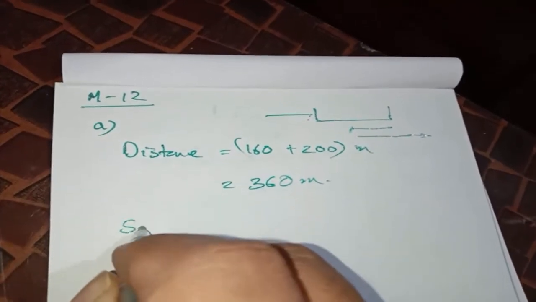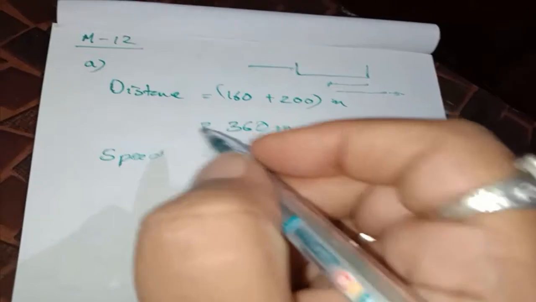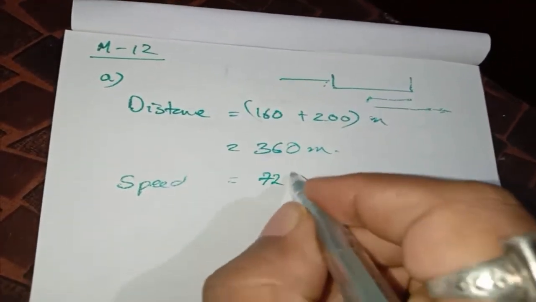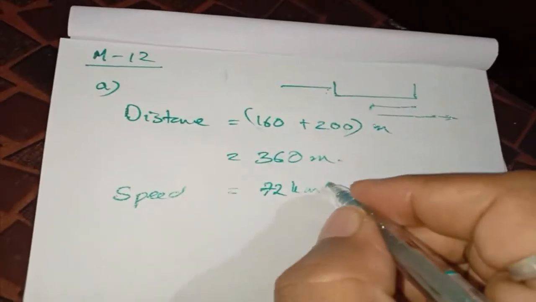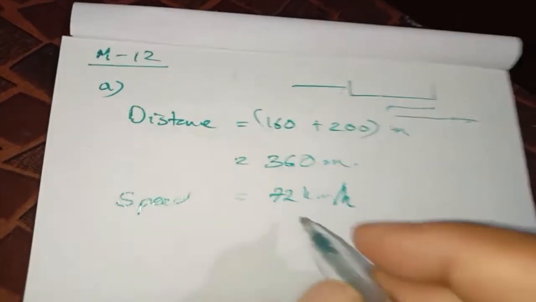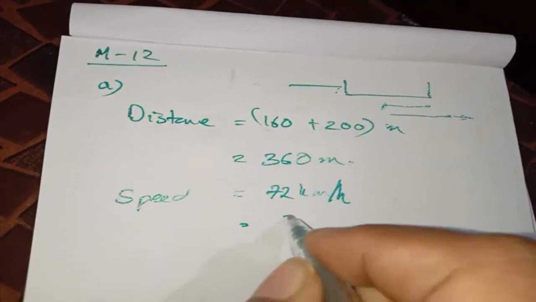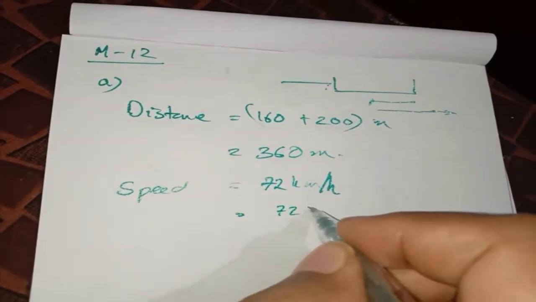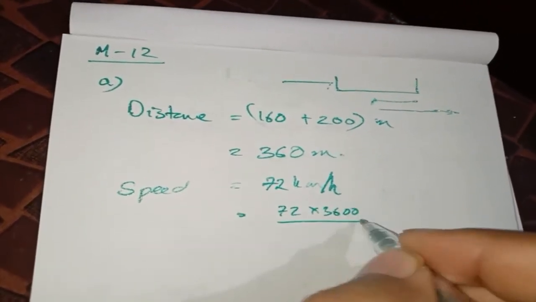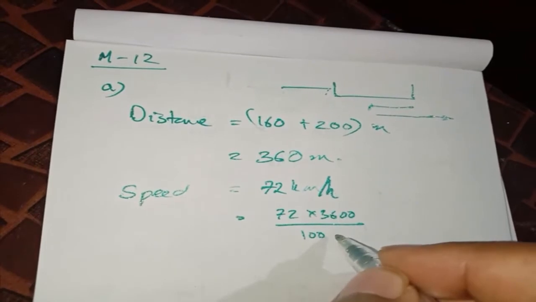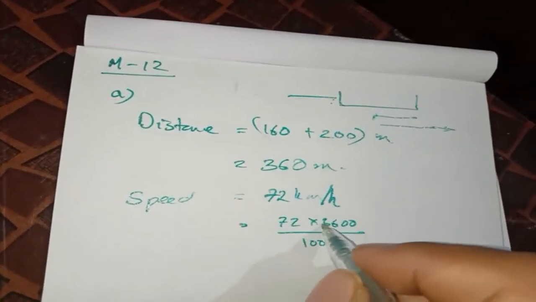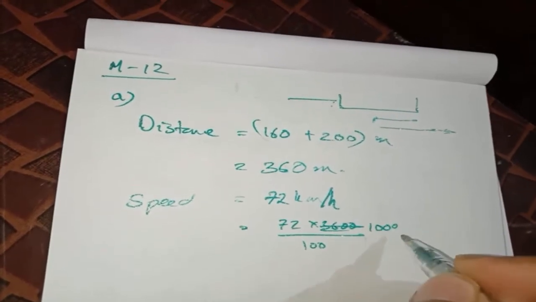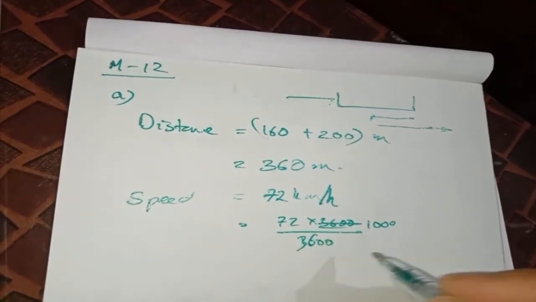Speed is given as 72 km per hour. That means 72 into 1000 divided by 3600. Sorry, my mistake, 1000 will go up, 1000 and 3600.